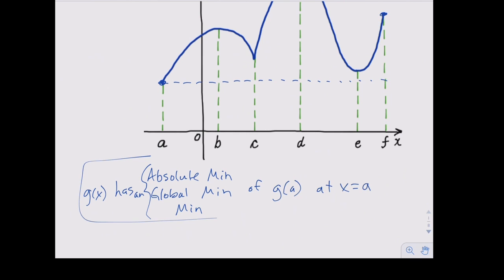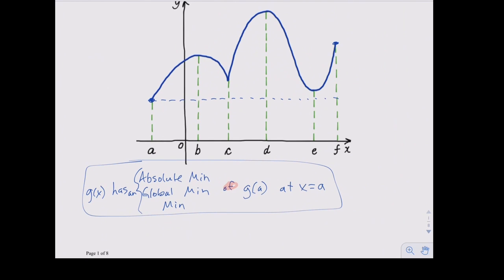So here's kind of the typical way we describe it. The function g of x has an absolute minimum of g of a at x equals a. When you say of, you're talking about the actual value. When you say at, you're talking about the x value. So the x value becomes the location of the absolute min.